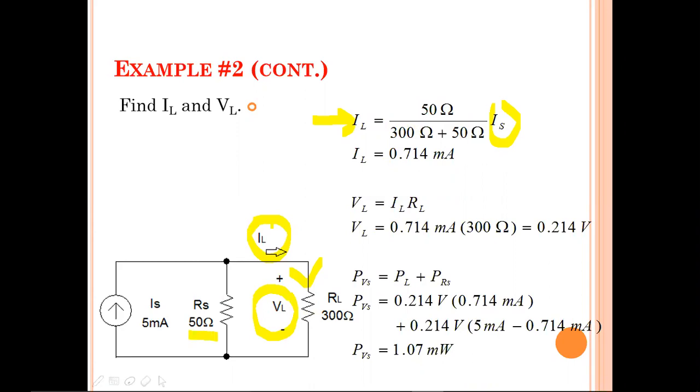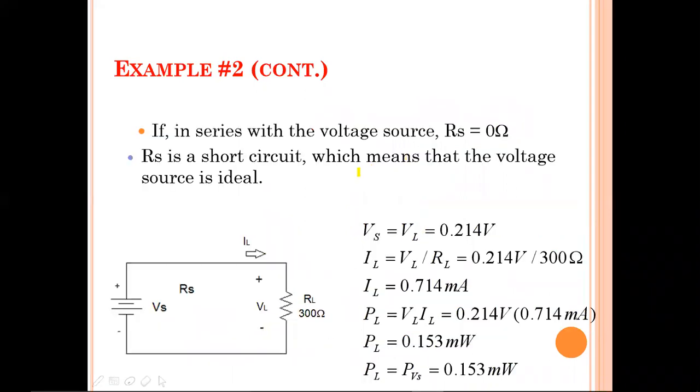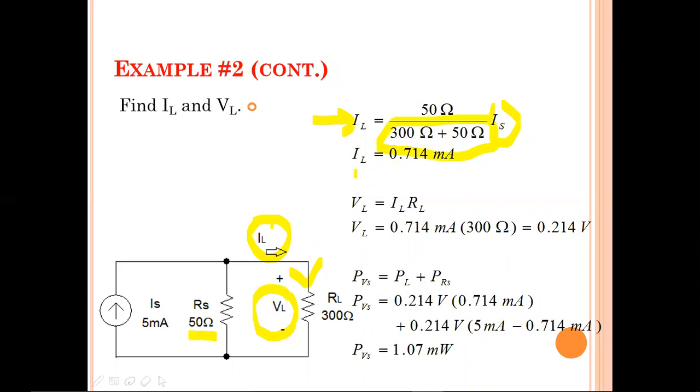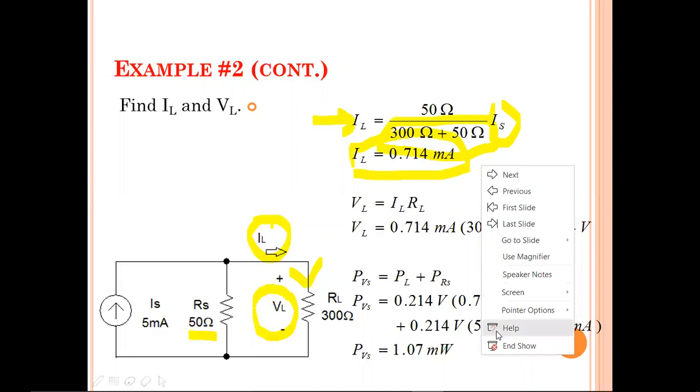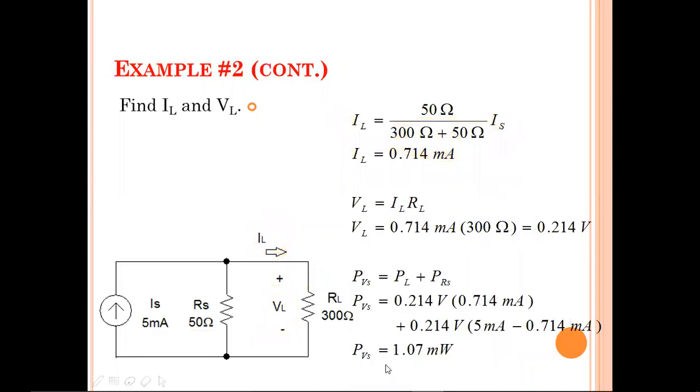Please observe, 50 ohms, divided by the total resistance in the circuit. After doing this calculation, I will get the total current IL flowing through this load. Please observe this. This is very important.